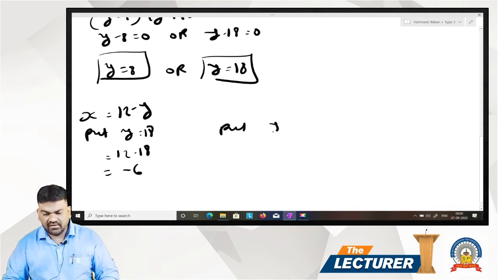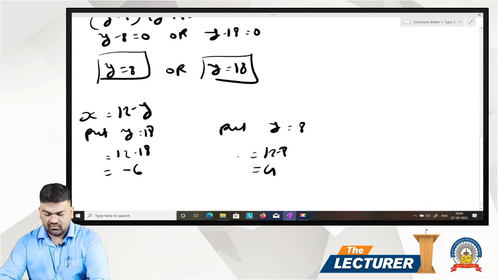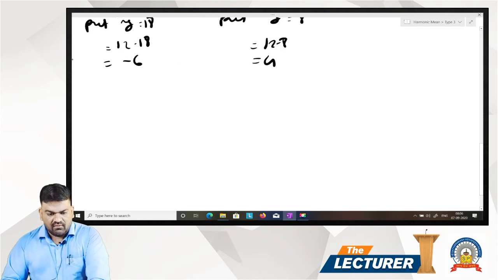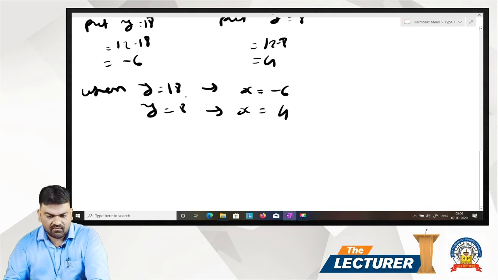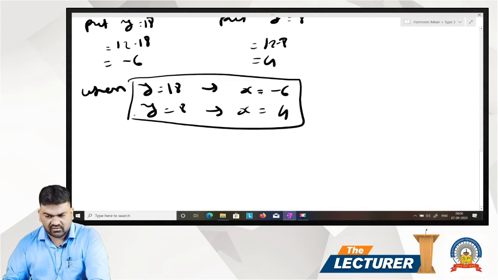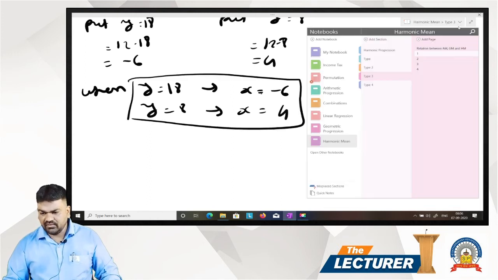Put y is equal to 8. 12 minus 8, 4. So when y is equal to 18, then x is equal to minus 6, or y is equal to 8, then x is equal to 4. This is your answer. Next, example number 2.